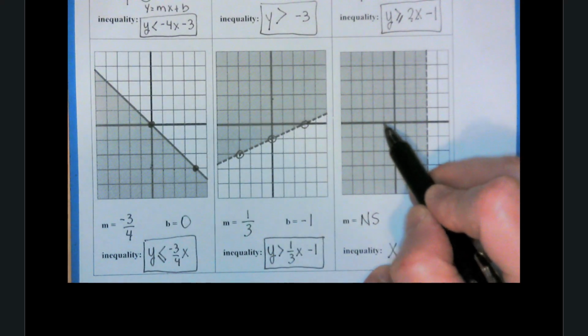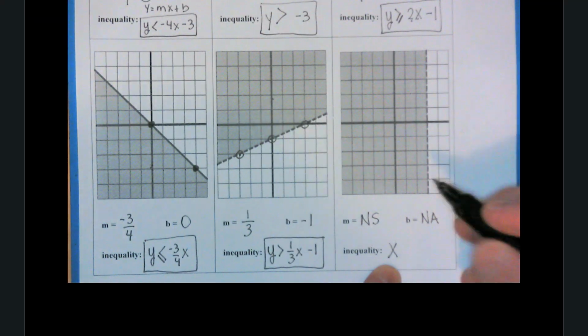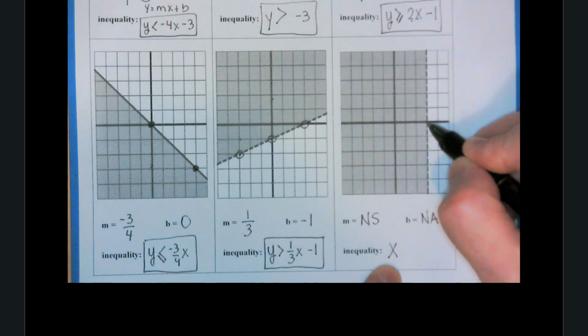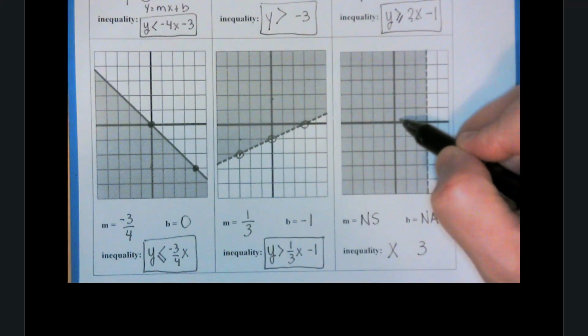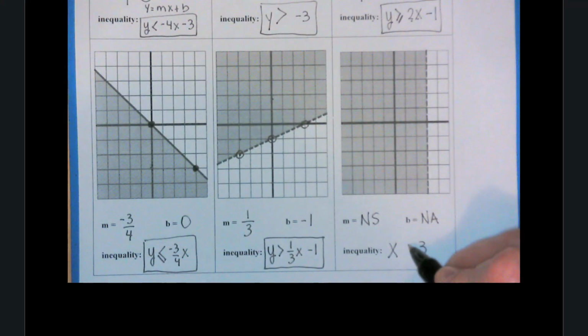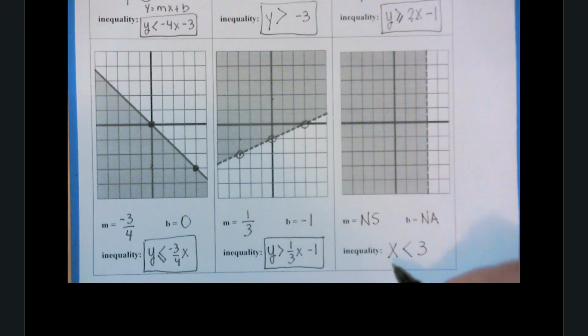And basically, you look at the graph and you see, okay, where does this line cross the x-axis? It crosses right there, which is 1, 2, 3. And because I'm shading to the left, basically my inequality points to the left. And because this is a dotted line, I have no dash, okay?